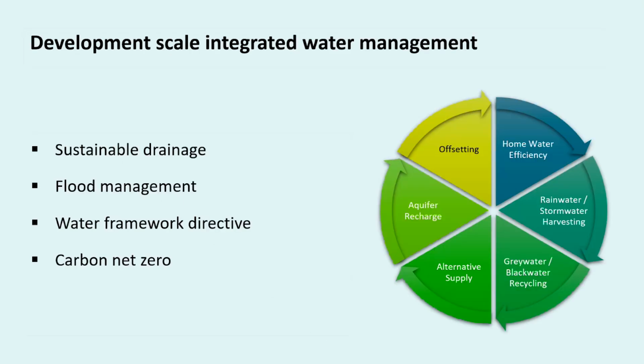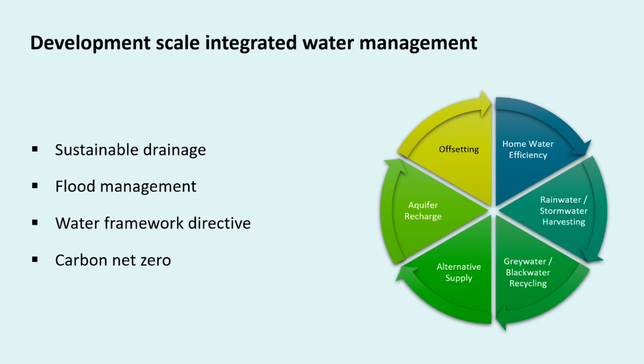So the 3 steps in the hierarchy we've just seen can be addressed through a simple development scale integrated water management approach. As shown here, this can focus on in-home water efficiency as being the first course of action, water reuse and recycling, and a range of other options to minimise and offset potable water demand on the development.